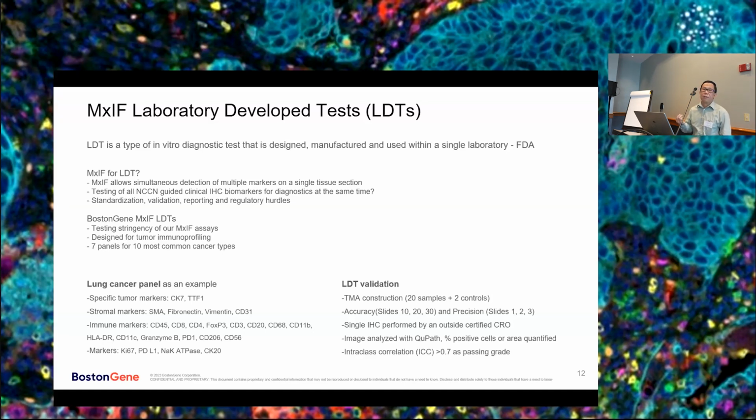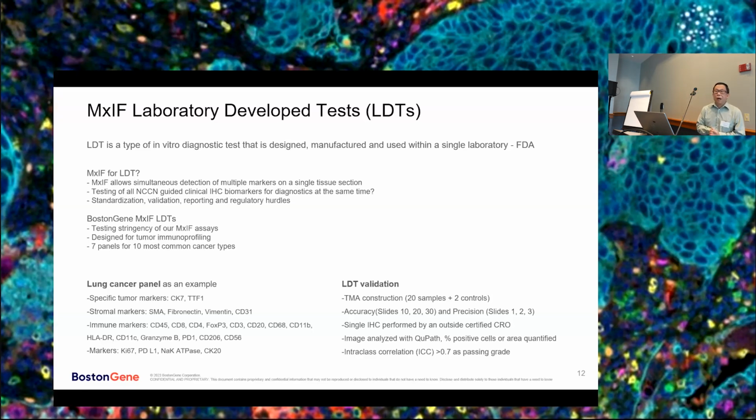We actually have 7 panels targeting the most common 10 cancer types. For this lung cancer panel, we include specific tumor markers like cytokeratin 7 and TTF1, thyroid transcription factor 1, some stromal markers, the rest immune markers, and some functional markers like Ki67 and PD-L1.